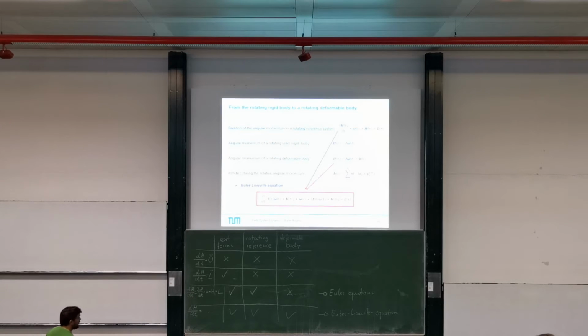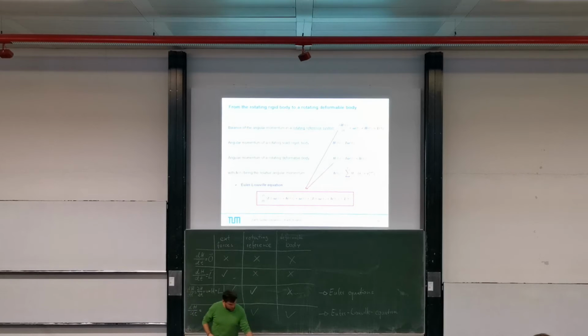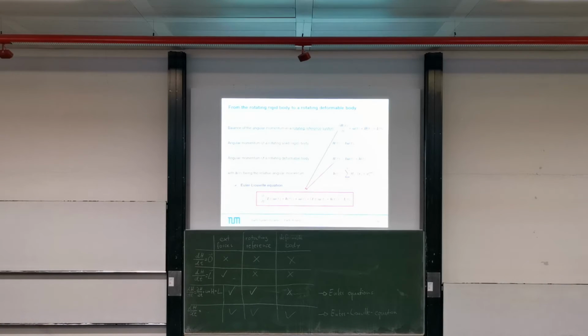First of all, we have the tensor of inertia times the angular velocity, and the tensor of inertia describes the distribution of the mass elements, as we said before.